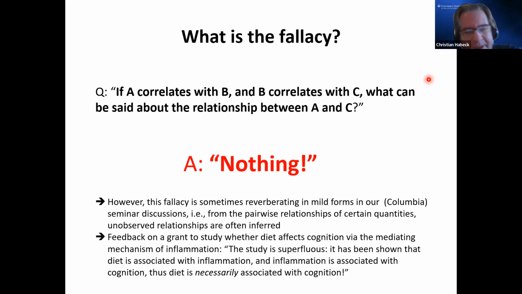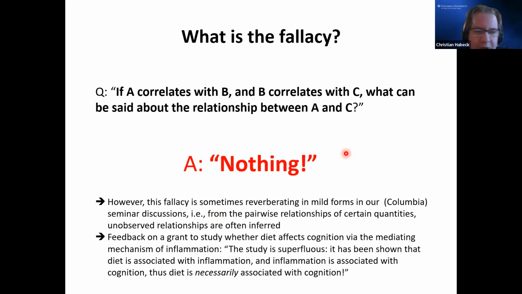And I'm going to show you that with a counterexample very easily, but this comes from a real grant review. A while ago, a colleague of mine, whose work is studying diet and the effect of diet on neural inflammation and then on cognition, wanted to study this.